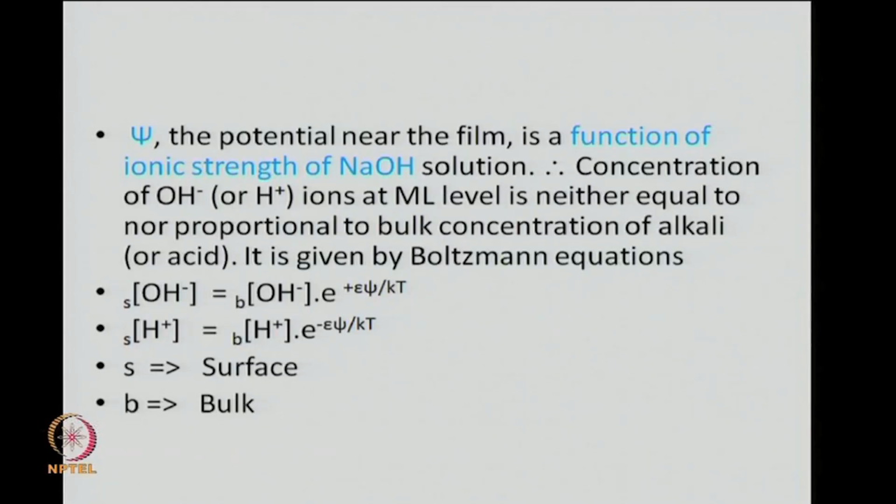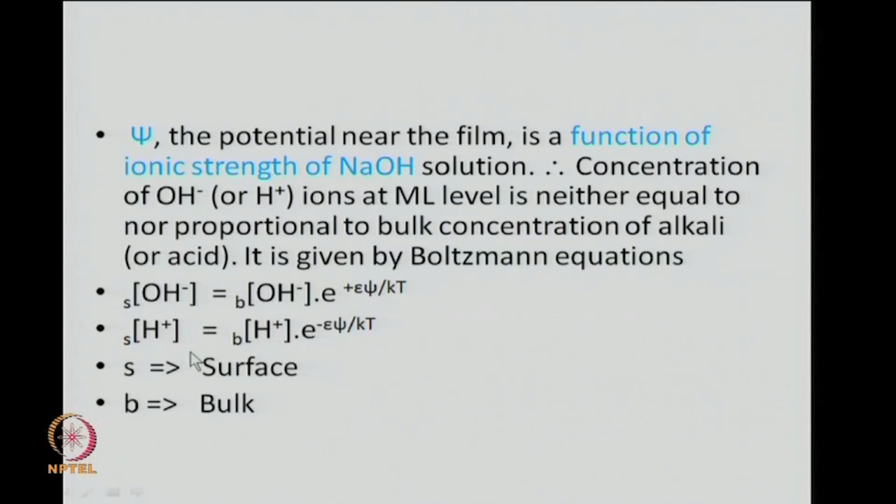The concentration of the hydroxide ions OH minus or of H plus ions at the monolayer level is neither equal to nor proportional to bulk concentration of alkali. It is rather given by the Boltzmann equations, which we are familiar with: SOH minus equal to BOH minus, that is the surface concentration of hydroxide ions is equal to bulk concentration of hydroxide ions into exponential epsilon psi by kT.